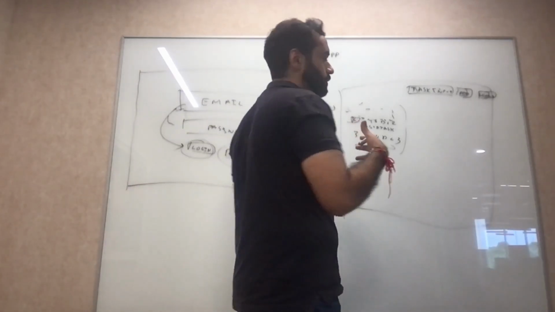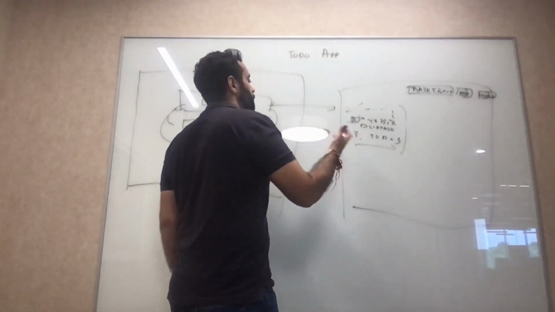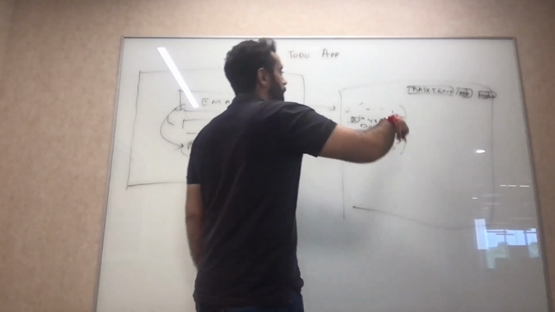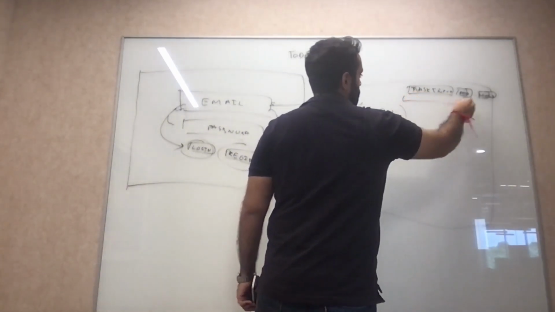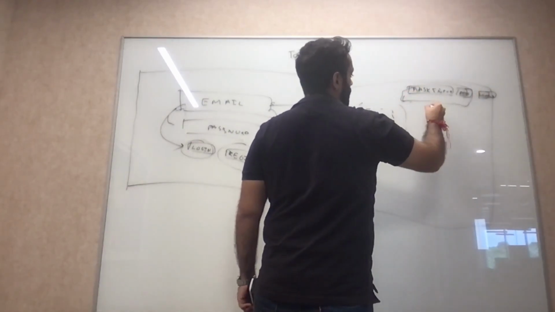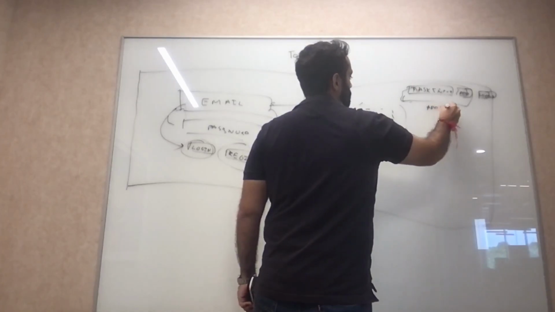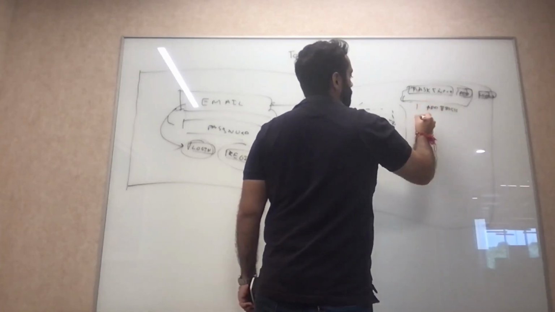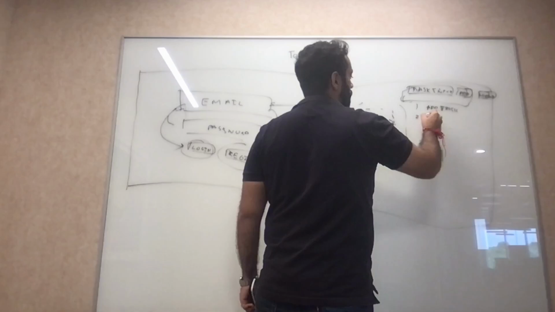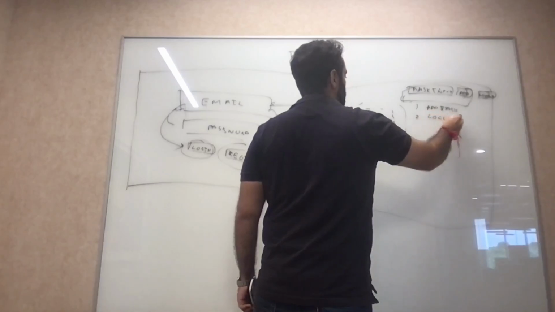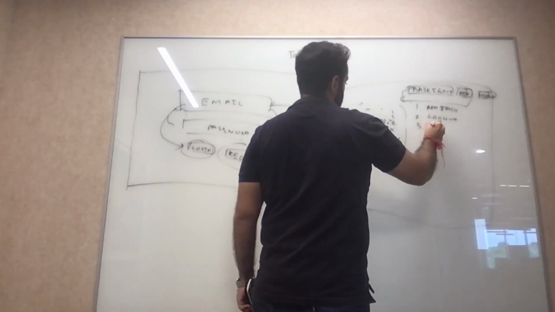backends. Let's say the following backend APIs or backend requirements need to be met. We need to have a backend for addition of a task, add task. We need logout, and we need add subtask.